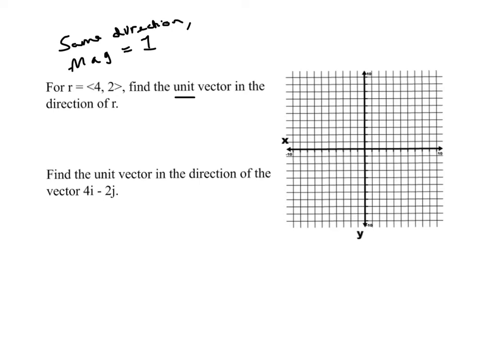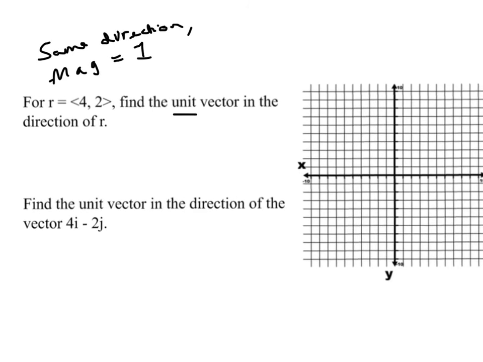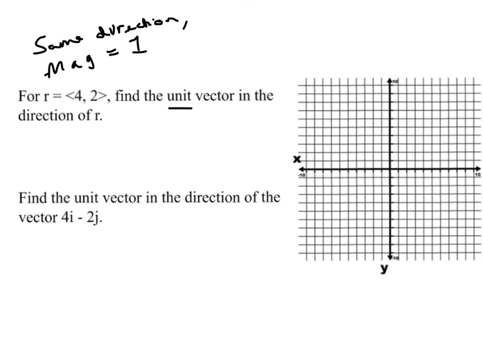So this initial vector, if I could make this just a little bit bigger, goes over 4 and up 2, so it looks something like this. The initial length of this vector, or the initial magnitude, 4 squared plus 2 squared, is the square root of 20.